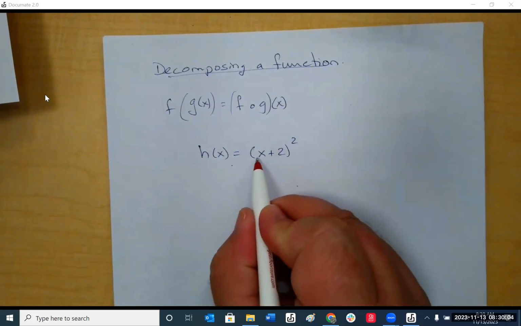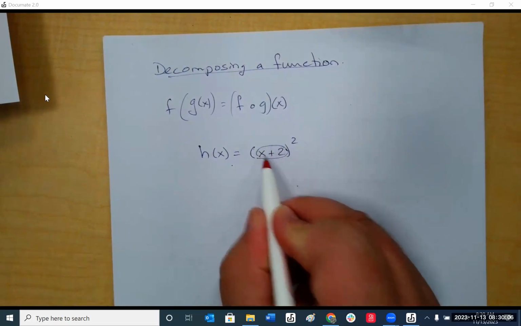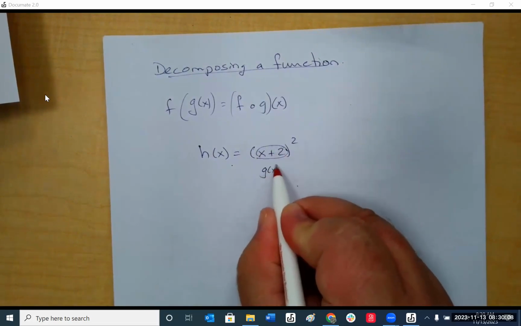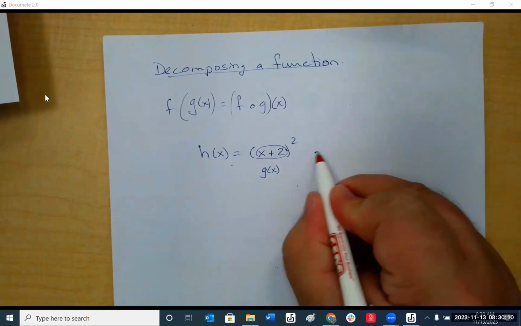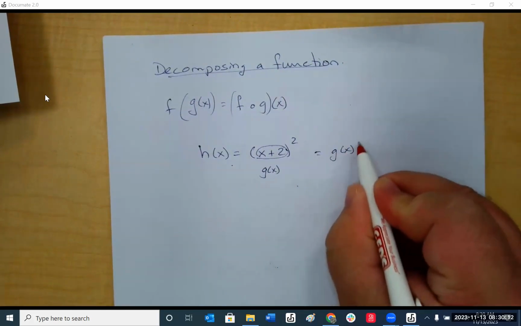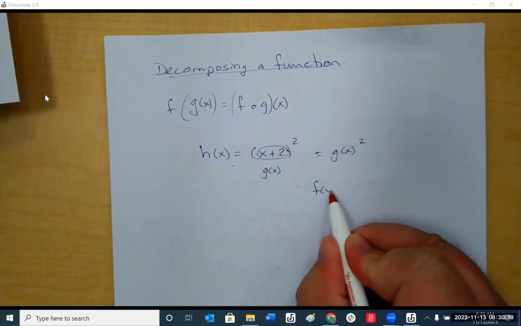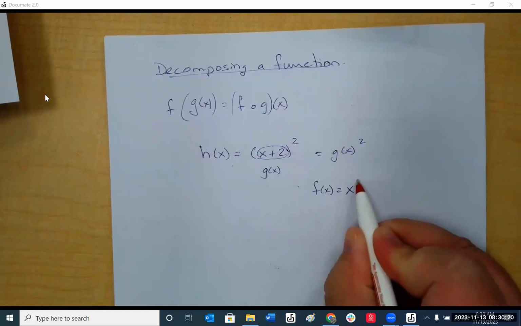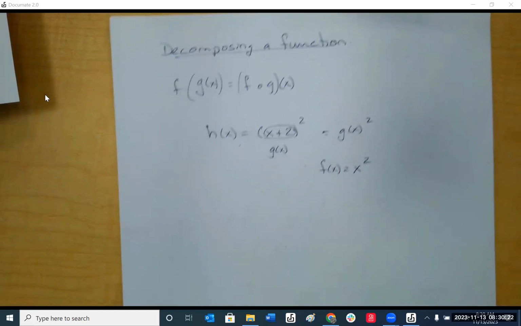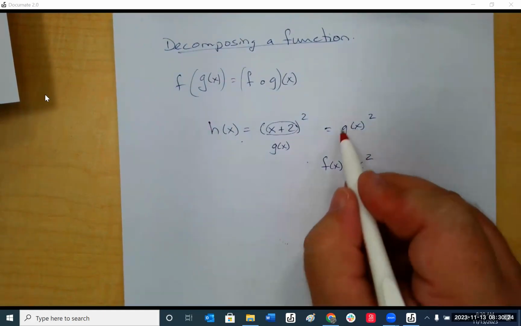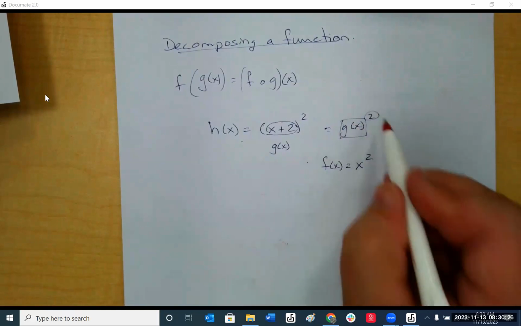Yeah. Inside here, you have an equation. So that's the g of x. So here you have g of x squared. That means the f of x must be x squared. Because it's whatever I have my function squared.